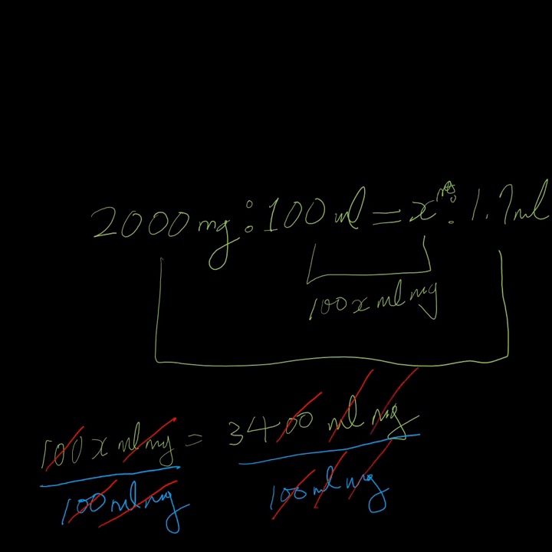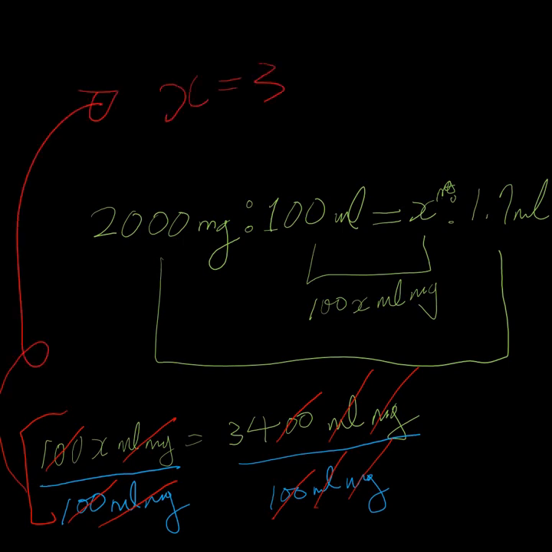What is left here is that I'm gonna write here: x equals 34. So if I put this 34 here, 34 milligram, right? Wow, this is how amazing the math is.